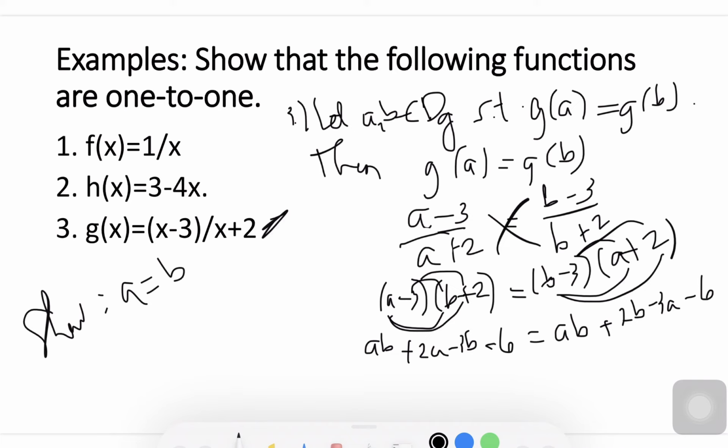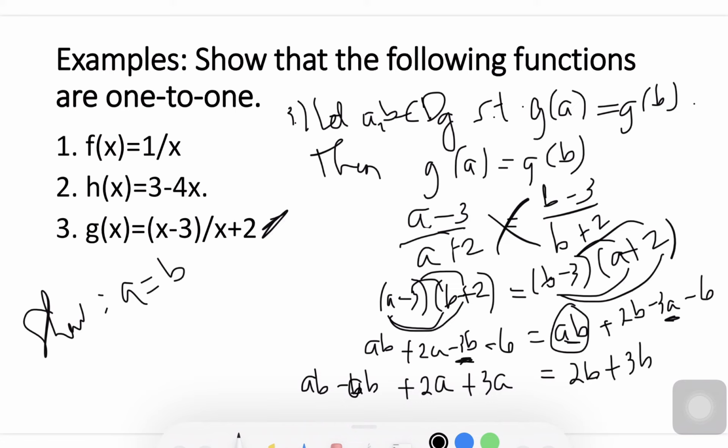So we can do this, or you can do direct cancellation. If you want, you can transpose this to the other side, and of course we will separate a and b, so I'd like a to be on the left side, so 2a. So I will transpose this, so it becomes 3a. Then I will transpose 2b, b on the right, so this will become 3b.